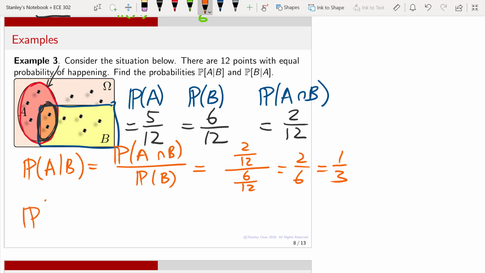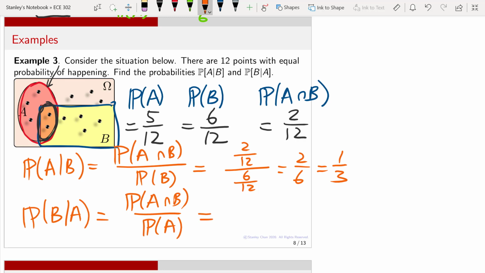We can also calculate the event of B given A, and this is the probability of A intersect B divided by the probability of A, and so here you have 2/12 divided by the probability of A, which is 5/12, and so you have 2/5.